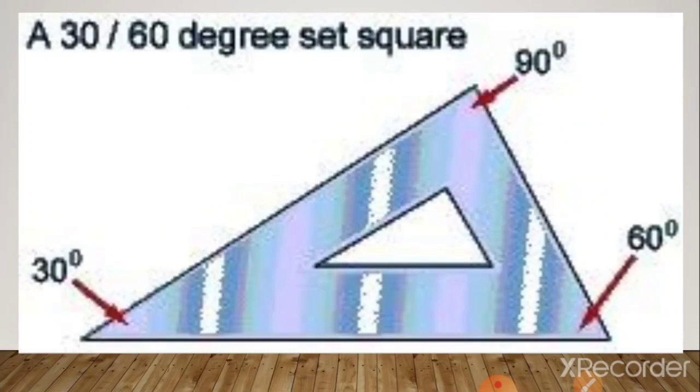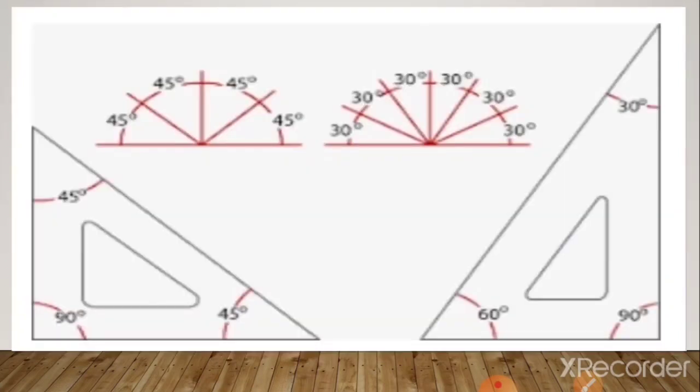So the first set square is a 30, 60, 90 degree set square, right? Similarly, students, you can measure the angles on the other set square also, and you will get the angles 45 degrees, 90 degrees and 45 degrees.